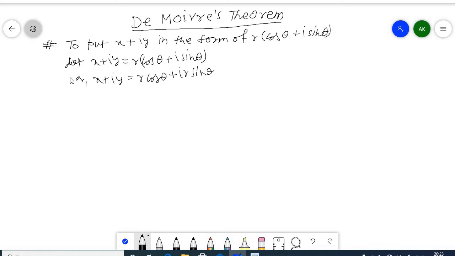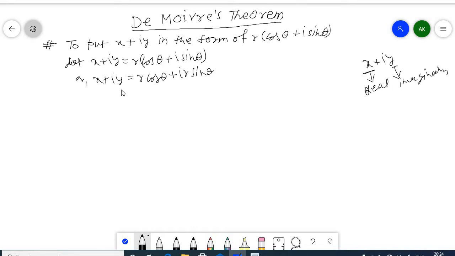In the complex number, what is the real part and imaginary part? If a complex number x plus iy is given, then the term independent of i, that means x, is the real part, and the coefficient of i, that means y, is the imaginary part.